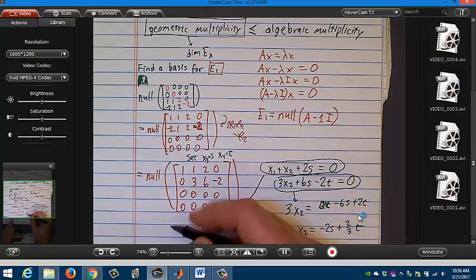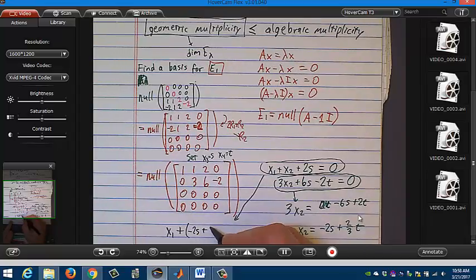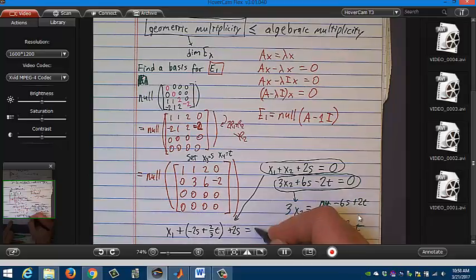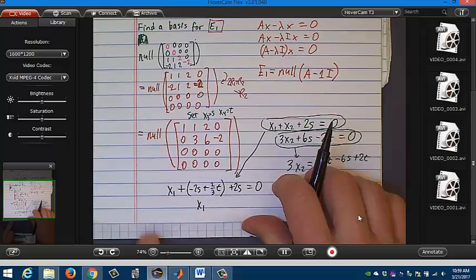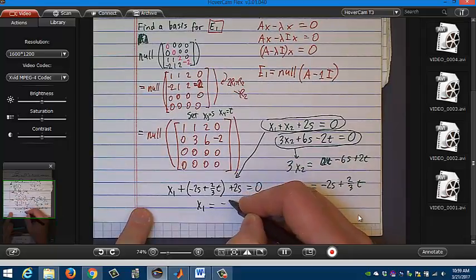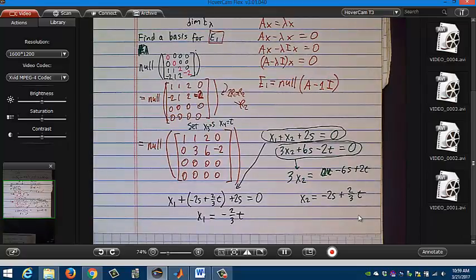We have x1 plus, and then x2 is negative 2s plus 2/3 t, and then plus 2s equals 0. Okay, so if you simplify, you get x1 is equal to negative 2/3 t. With me?